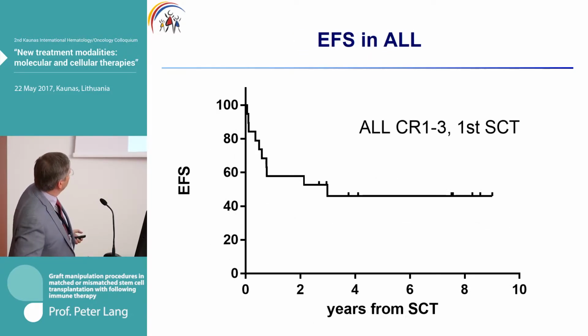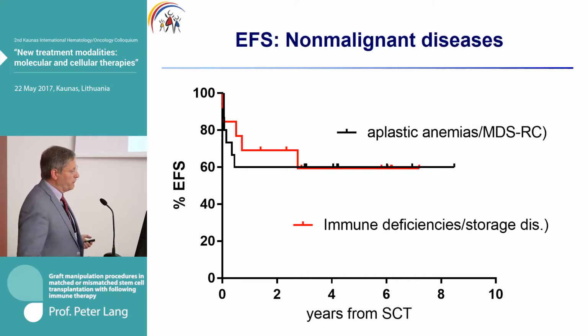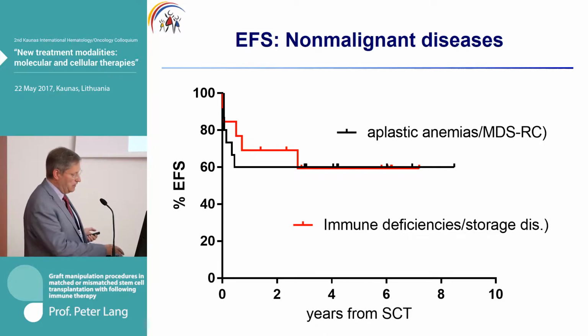Here you can see the EFS of our biggest patient group, patients with ALL in any complete remission, again about 45%. Patients with non-malignant diseases did well. You see here patients with immune deficiencies and storage diseases and patients with aplastic anemias.